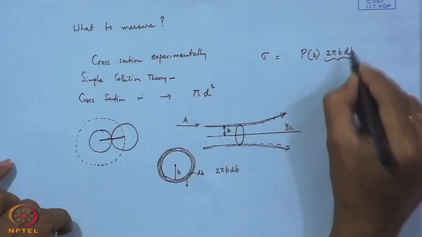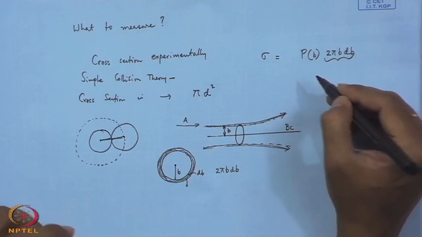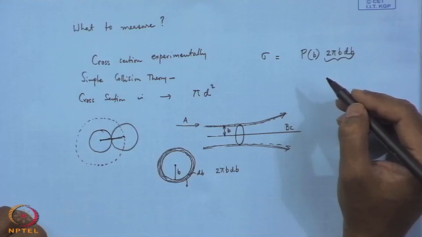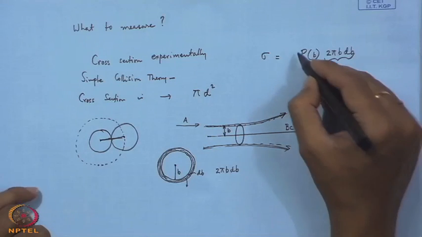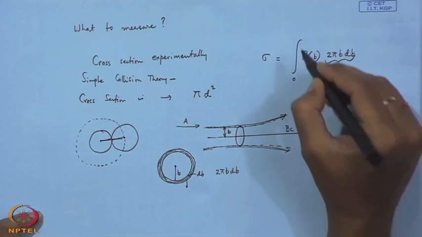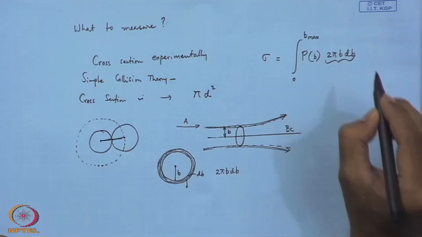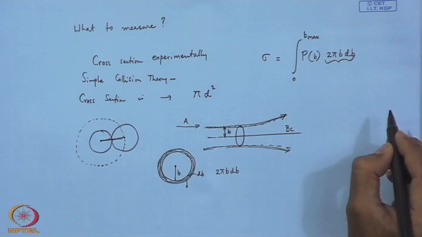So, 2 pi b db is this, then it is a probability factor which is called the reaction probability, or the opacity function, and you have to integrate from 0 to say b max, the maximum value of b that one can reach.